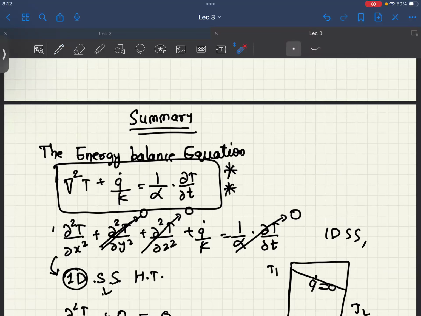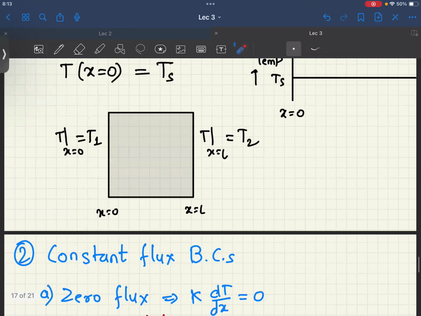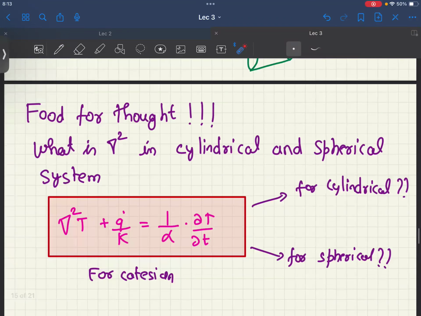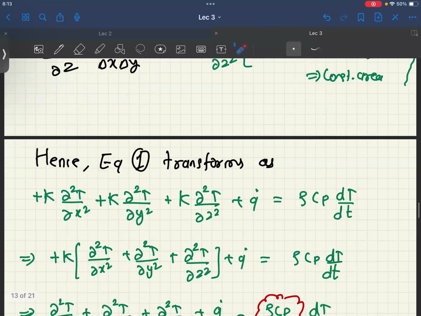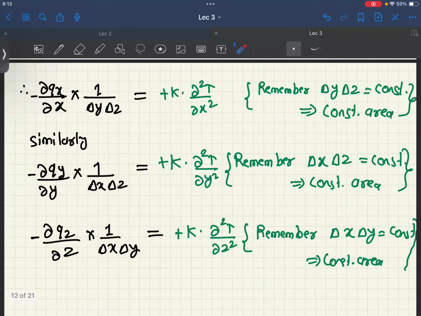If anybody has any doubt, you can ask. For the derivation, what I recommend is that I will upload this PDF onto the lecture, and you carefully go through the way this is derived. If you read it very carefully once, you will be able to understand the derivation.